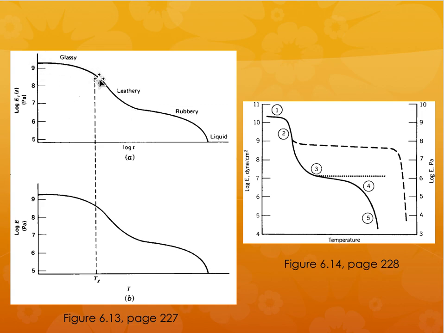When you start heating it up, it starts becoming leathery, and beyond the glass transition temperature, it becomes almost like a liquid. This will be most important in the case of thermoplastic types of materials.